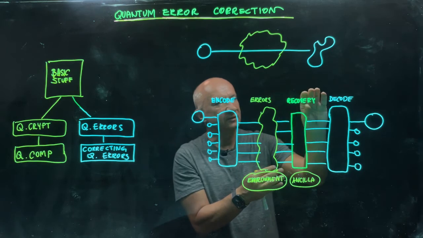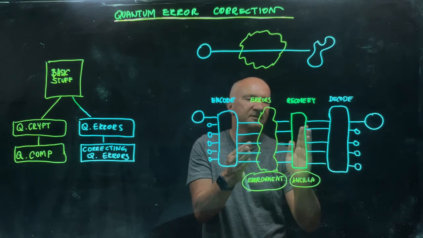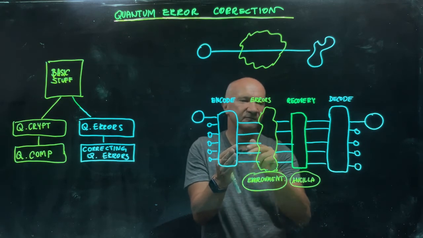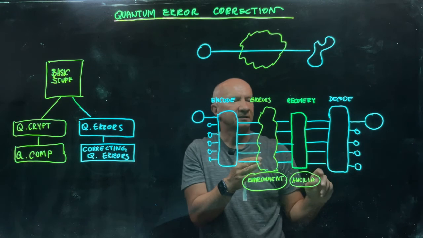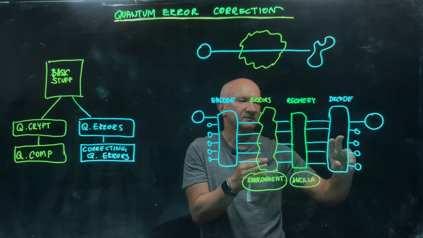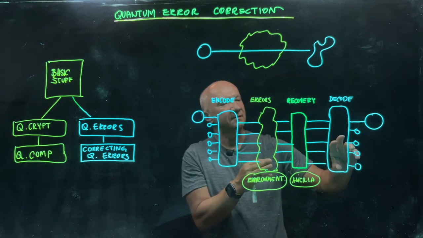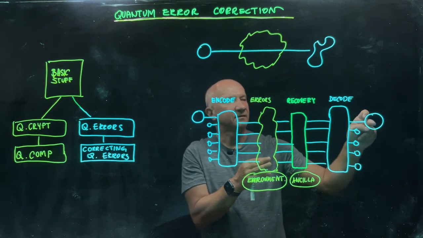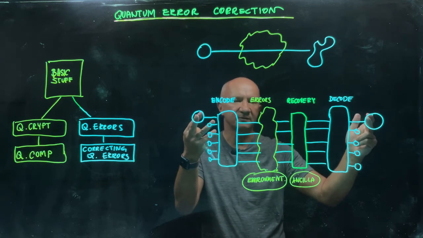So that's going to be error recovery. And then once hopefully we manage to recover the original state of all those qubits, we simply decode the quantum state. So we map the state into the qubit, and hopefully we'll have something that is very close to the original.